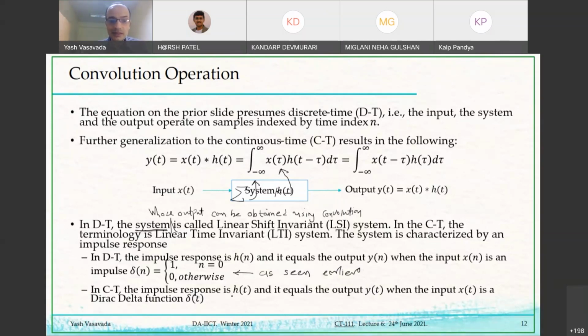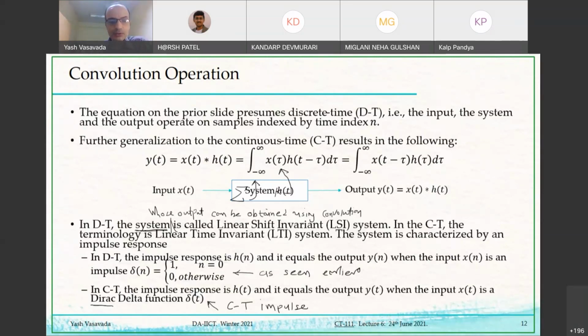In the continuous time, h of t is still the impulse response, but now the impulse is what is known as the Dirac delta function, CT impulse. This name Dirac is the name of a physicist who you have heard of.